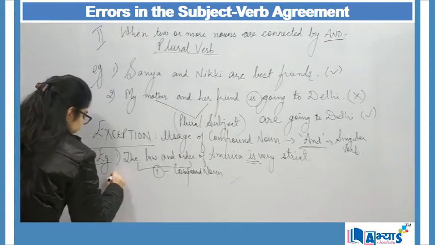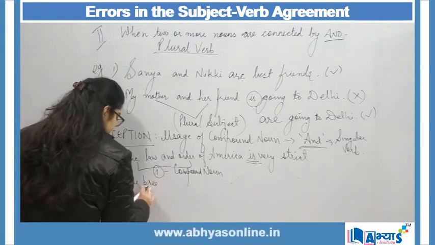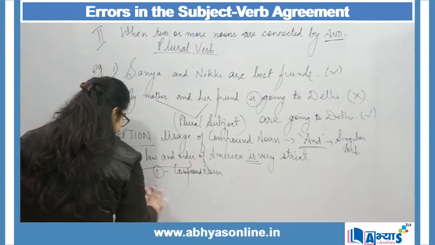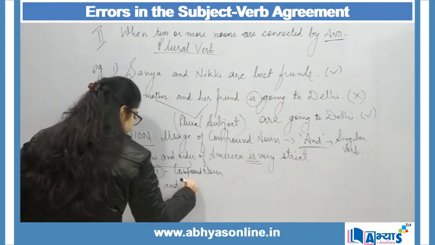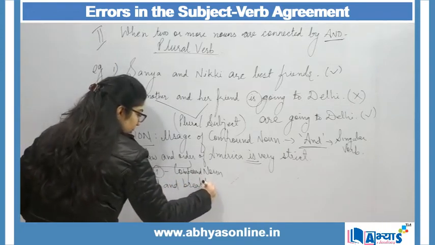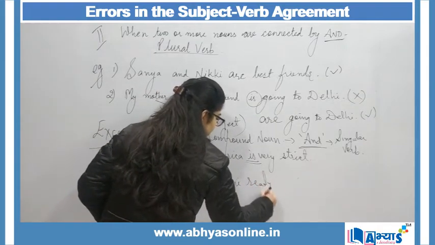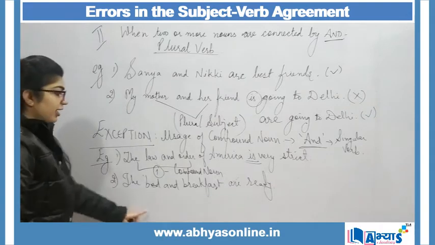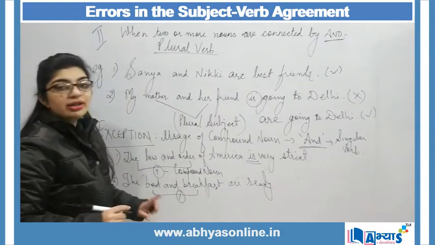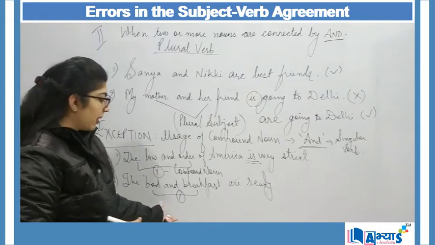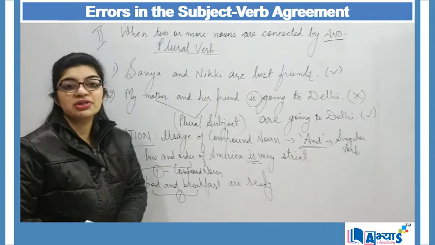Another can be: the bed and breakfast are ready. When I am saying the bed and breakfast are ready, here bed and breakfast is also one noun. It is considered to be one because it is a compound noun. With a compound noun, we make use of a singular verb.